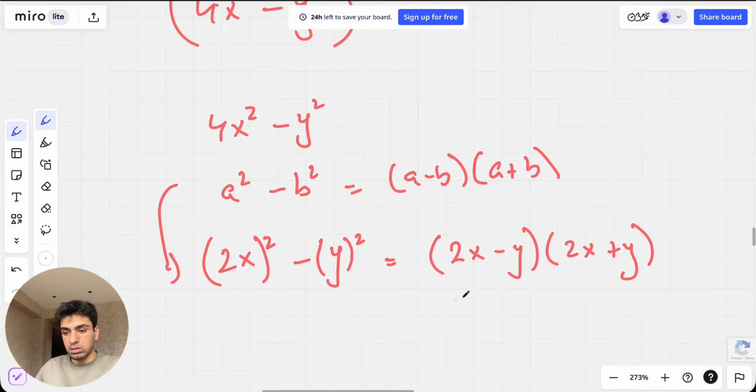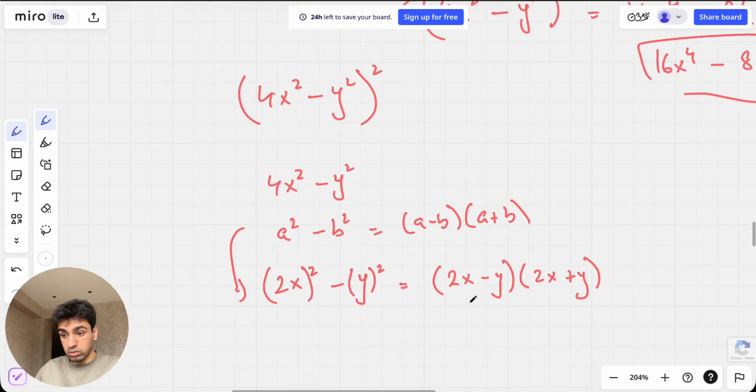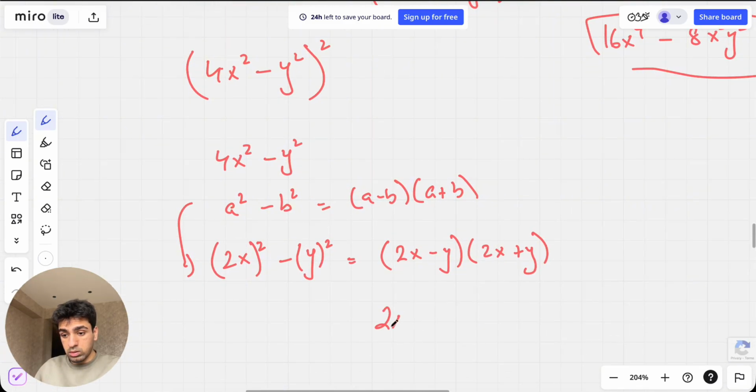This means we have our solution. So it's (2x minus y)(2x plus y), and this equals 4x squared minus y squared.